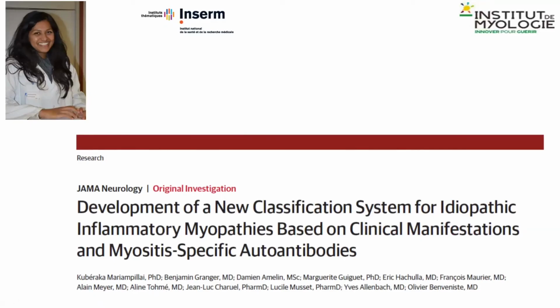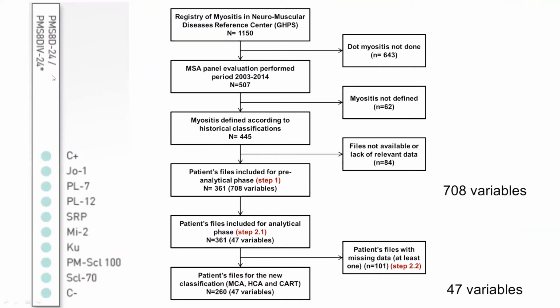So to put a little bit more burden on the myositis-specific autoantibodies, we decided with Kubiraka, this is a young girl here, to perform one unsupervised study, starting from our registry of patients.